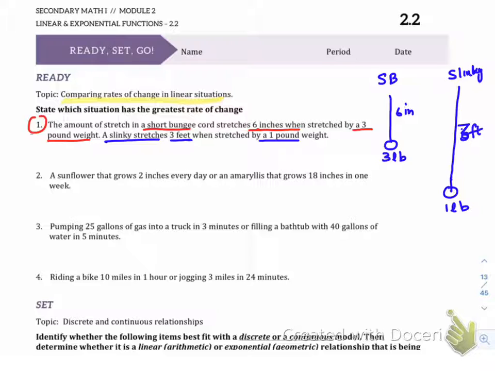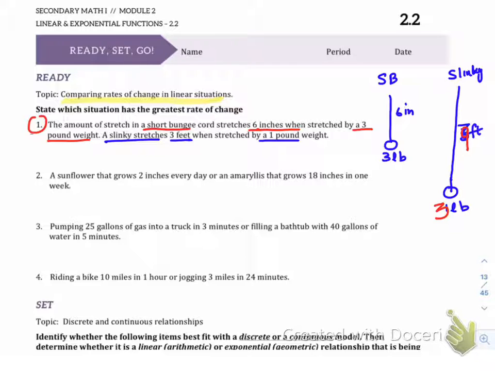If 1 pound is stretching 3 feet, can I make it 3 pounds? If I change it to 3 pounds, how much will it be stretching? It will be stretching 9 feet. Now we have a comparable situation with 3 pounds on both.